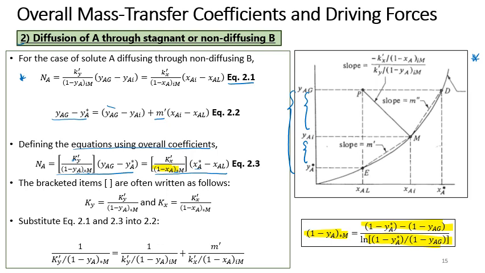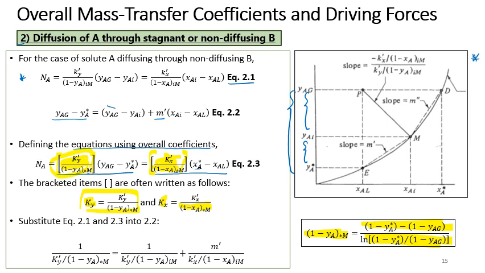The bracketed items here are normally simplified, defined as this one. Simplified means that instead of using this bulk expression, you just put Ky and Kx without the prime. Whenever there is no prime, you have to take into account that it already includes the log mean difference in the concentration in the gas and liquid phases respectively.